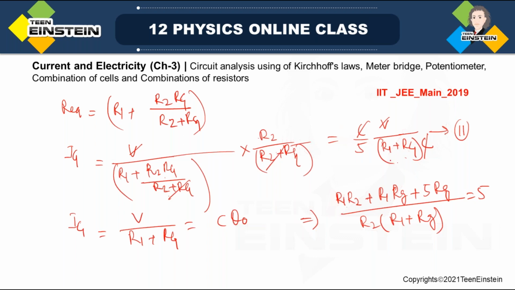When we multiply, 5 R1 R2, this is how it will get cancelled. This is equal to 5.